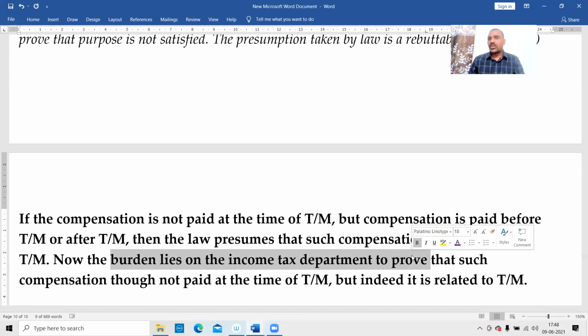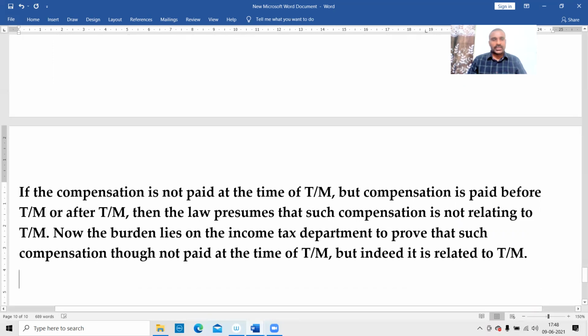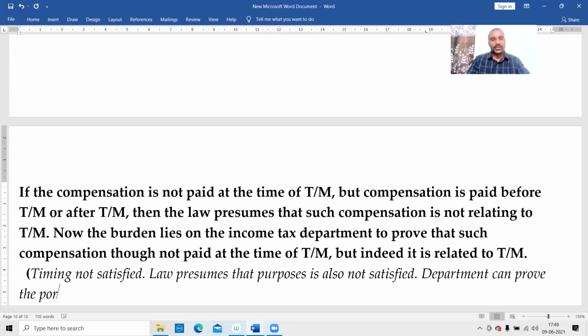If the timing condition is not satisfied, law presumes that purpose is also not satisfied, but the department can prove the purpose.